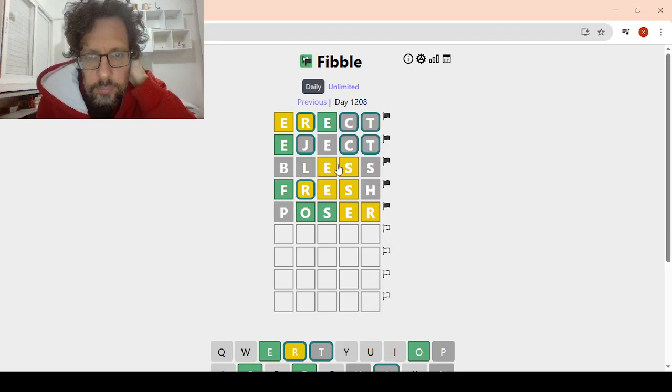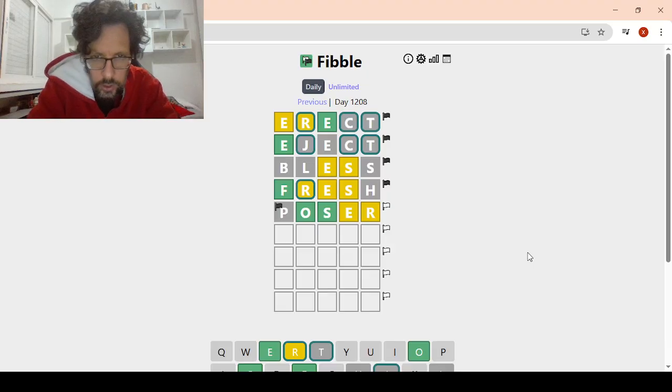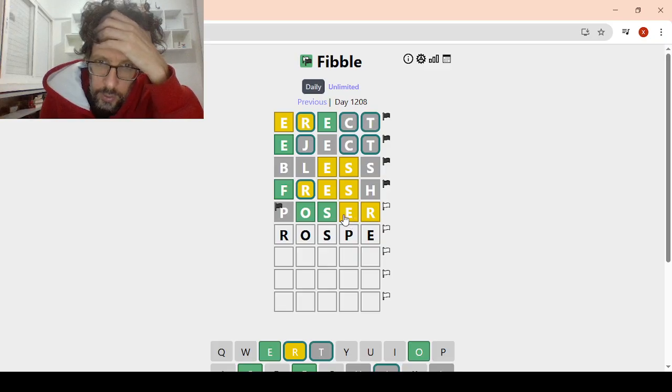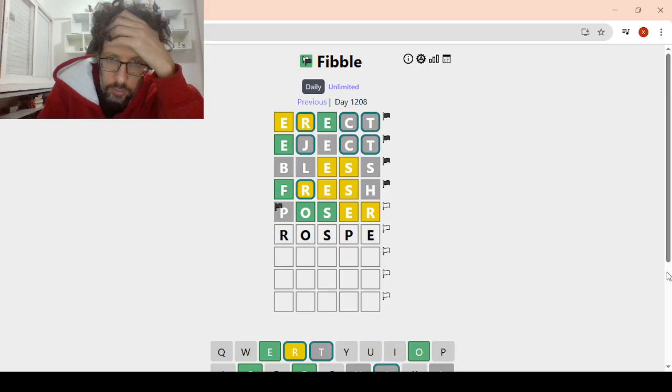So let's see. Suppose this is the lie. Then the word should be prospe because the E couldn't be here, the O and S would be here, and the E, well, the E actually could be here, but then the R goes, no, the R should go here, and E also, no, that should be this.